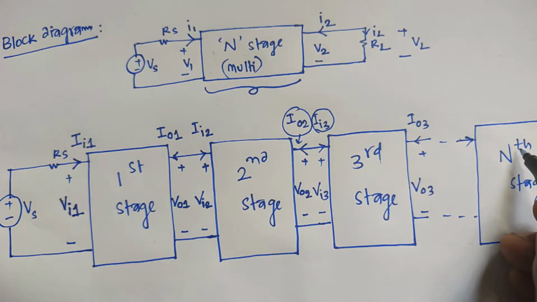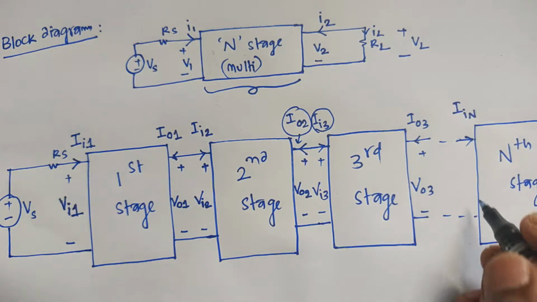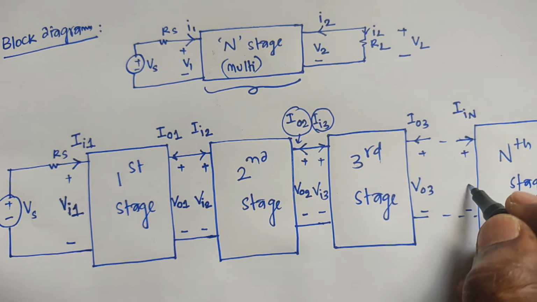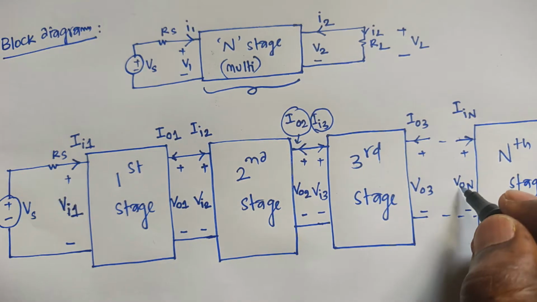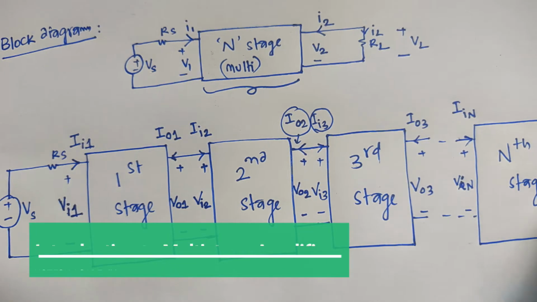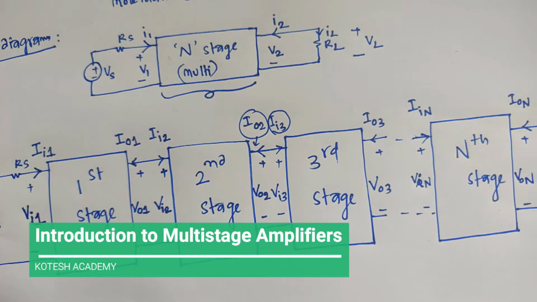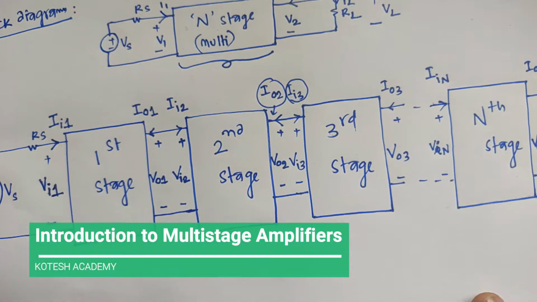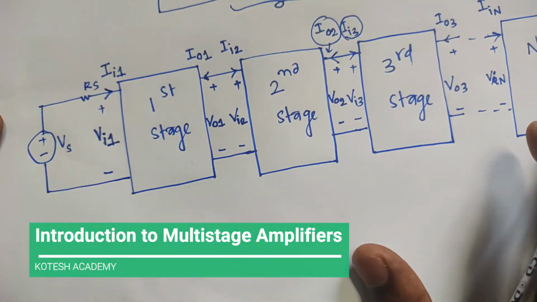Here this one is the nth stage input current and input voltage. At the end of this is the nth stage output current and the nth stage output voltage. So based on this basic block diagram, we have to calculate all the characteristics.